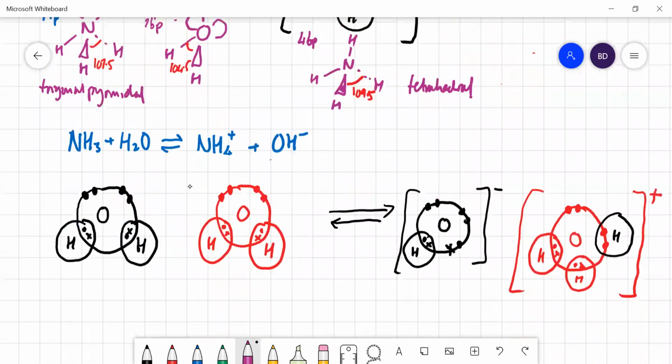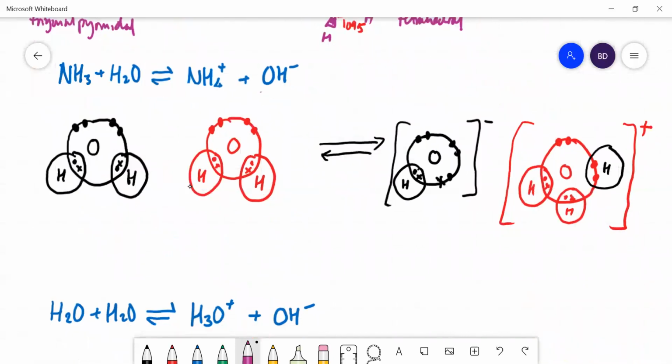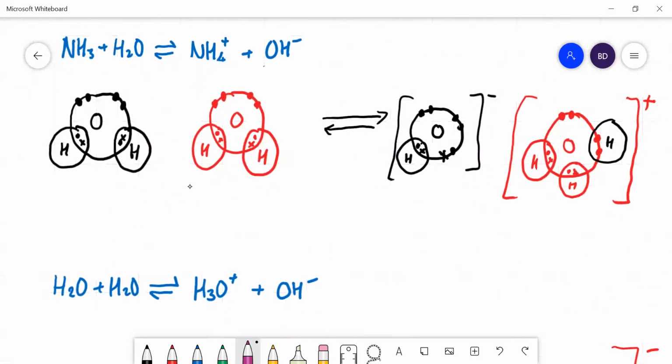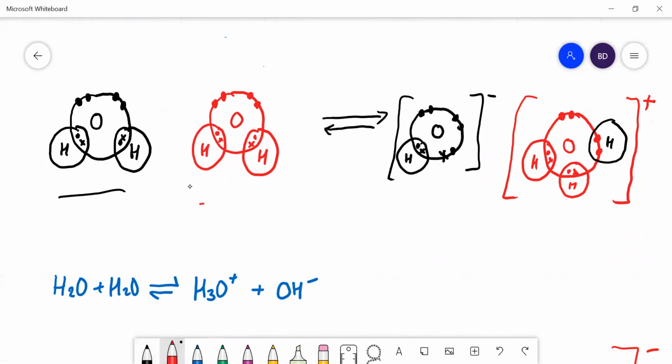Right, let's have a look at this one then. Okay, now, this is a similar reaction. Here we've got a water molecule, the black water molecule, reacting with the red one, and you form OH minus, and you form the H3O+ ion, which of course we know, in shorthand, we write as the H+ ion. So we want to know the change in shape occurring there.